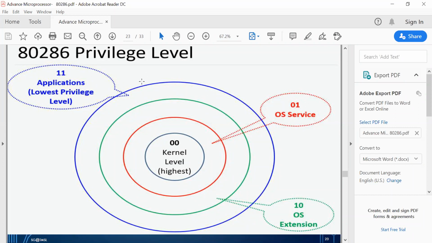It is used to protect against unauthorized access. Every task has its privilege level to perform, so it cannot access another task at the same time when the current task is executed.